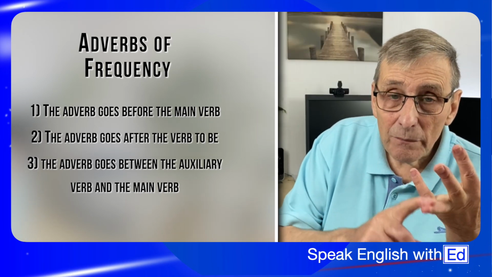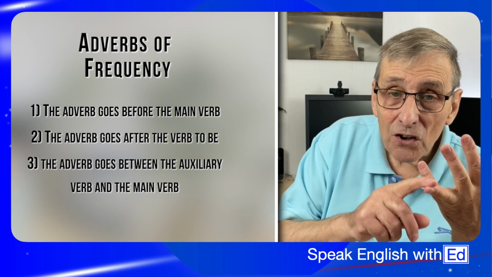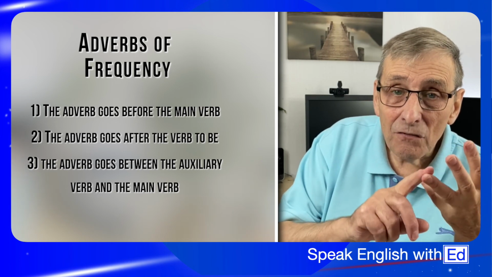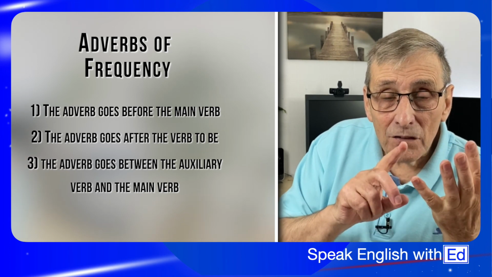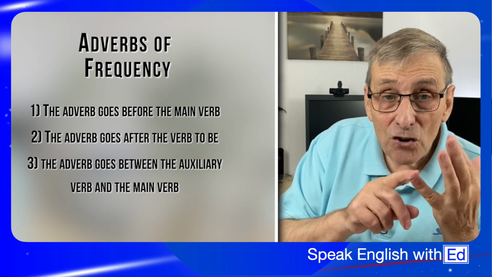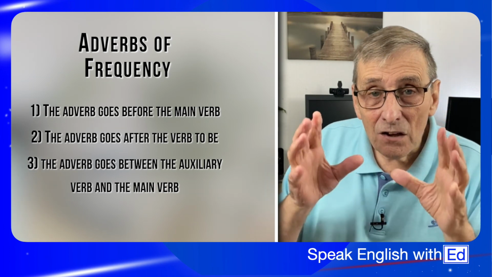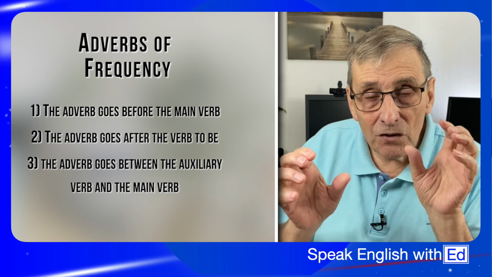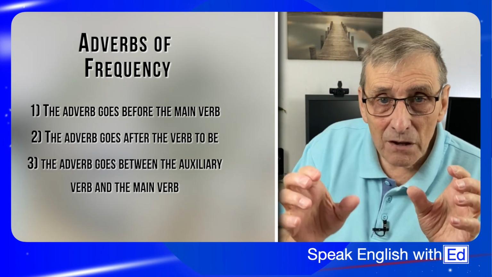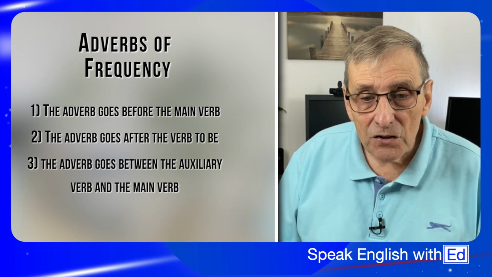Rule number 2, the adverb of frequency goes after a verb to be. And rule number 3, the adverb of frequency goes in between a double-worded verb. So if you've got an auxiliary verb and a main verb, it goes in between the two verbs. If you just remember this, you will be all right.